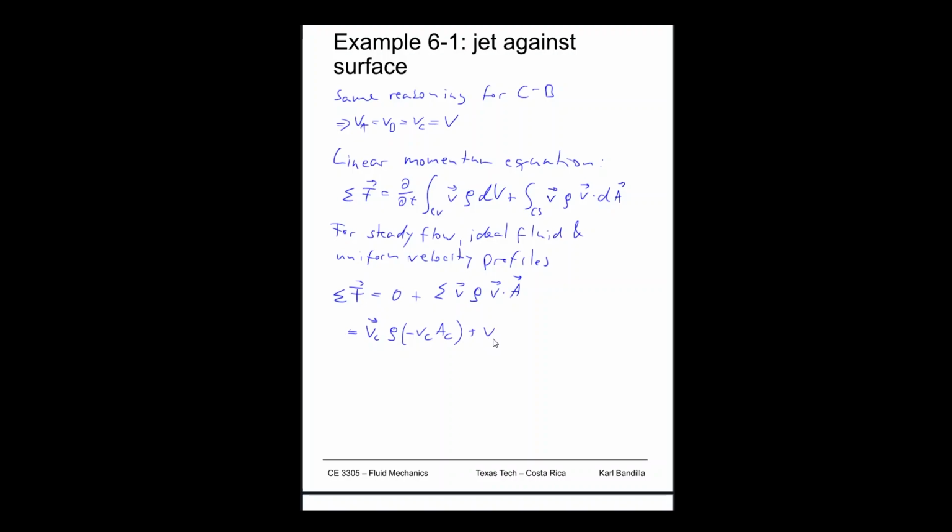So we'd have VA rho VA AA plus VB rho VB AB.